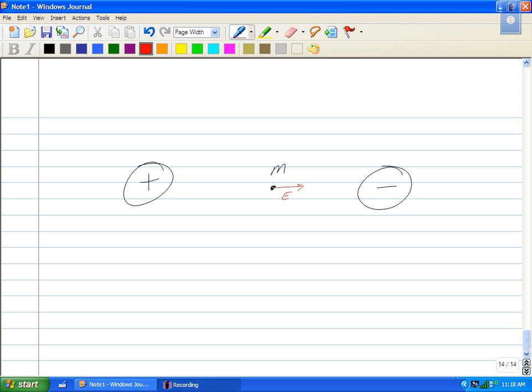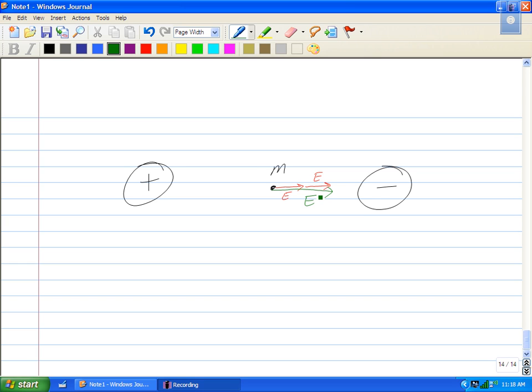Right? But then what about this negative? Is it creating a field at point M? Yes. In which direction? The same direction, also to the right. So I'm going to add it as a vector to the other one. And the net field then, just like we did net forces, the net field is the sum of those two, the vector sum.